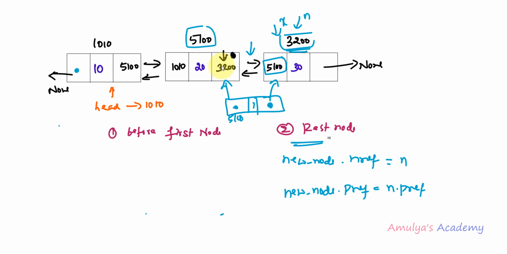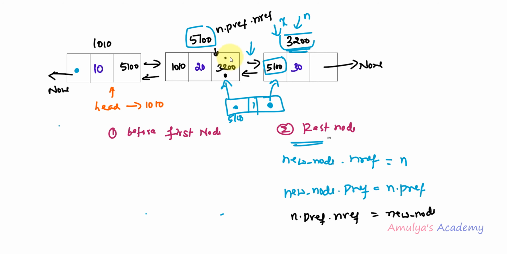Done. Next here in this position, I need to store the reference of new node. To access this position, this is n. So this node becomes the previous node of n. So this is n dot previous reference, and in that this is n dot previous reference dot nref. So I need to take n dot pref dot nref is equal to new node.